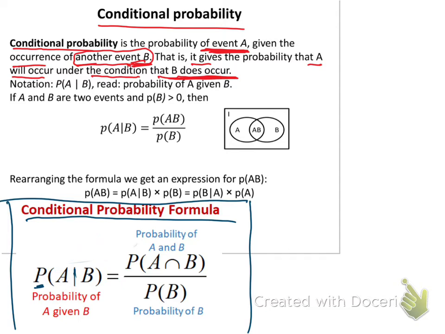Okay. So probability of A given B equals probability of A intersect B divided by probability of the second one, B. Again, probability of A given B equals the probability of A intersect B, but we have to add P, okay.